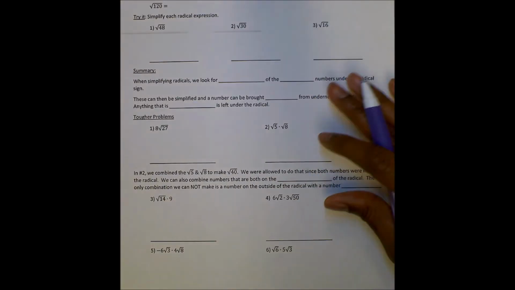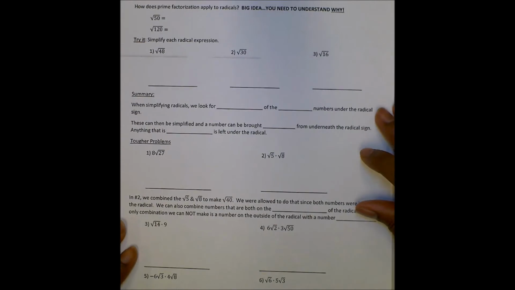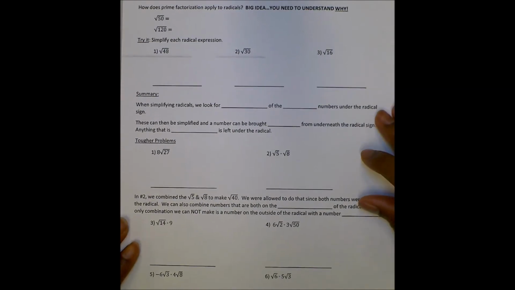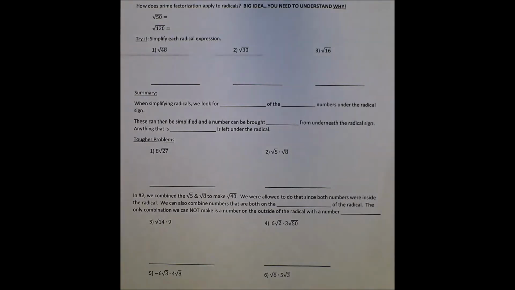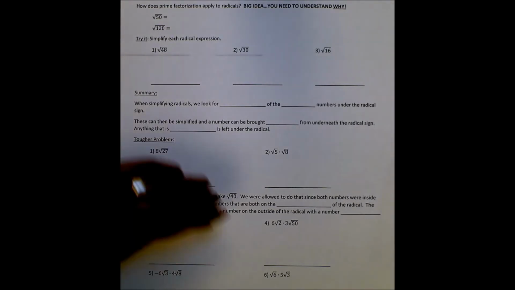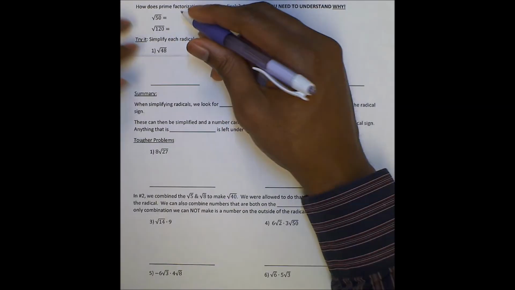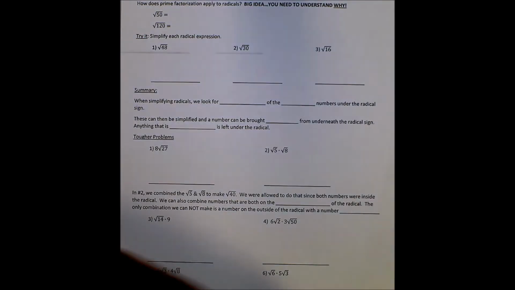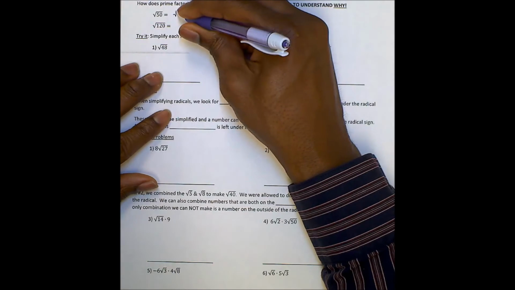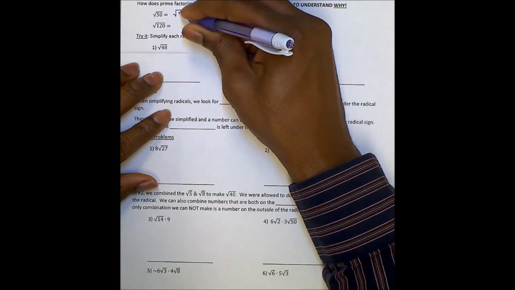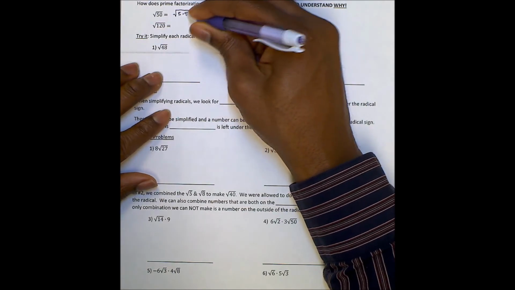So now how does prime factorization apply to radicals? This is the big idea you need to understand. We saw the prime factorization of 50 was 5 times 5 times 2.